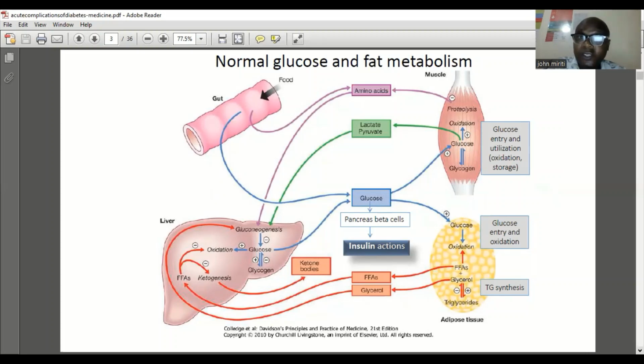You take your food, the food goes to the GIT. In the GIT, the proteins are absorbed in the villi, and then these proteins, in terms of amino acids, are transported in the blood, and then they are taken to the liver.